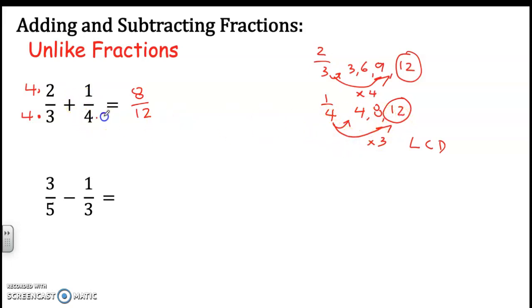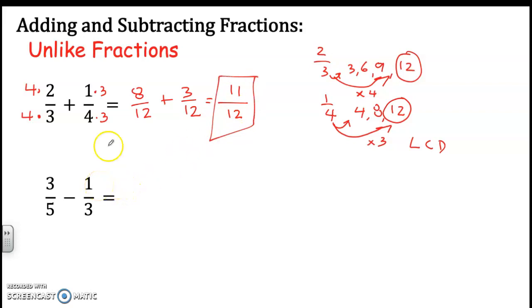Therefore, I multiply times 3, times 3. So my 2 over 3 became 8 over 12, plus 1 over 4 becomes 1 times 3 is 3, 4 times 3 is 12. Same denominator. Now what? Keep it. Add the numerators. 8 plus 3 is 11. Can I simplify? No. Final answer.